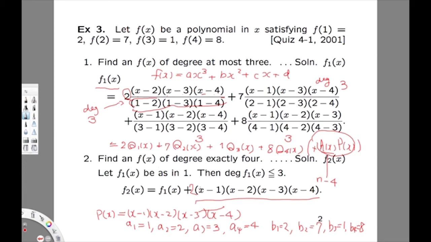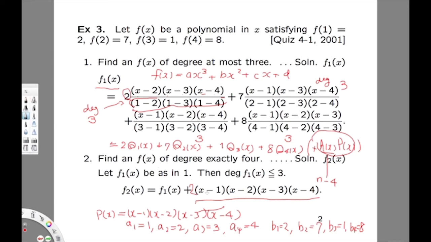So even if you have 2, you get 0 again. That means here you can have any constant, say c. If c is a constant, this is fine. And so you can have any number here.